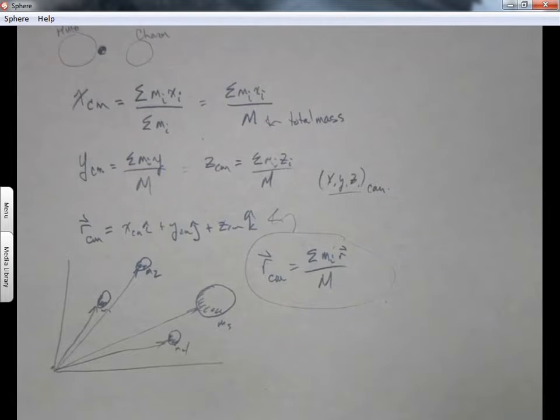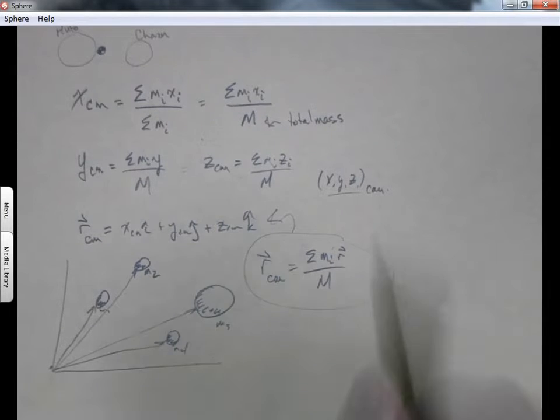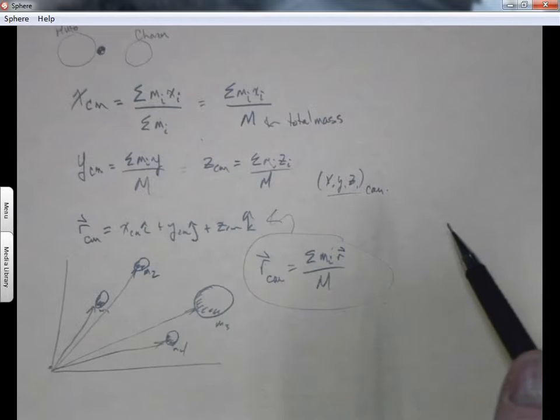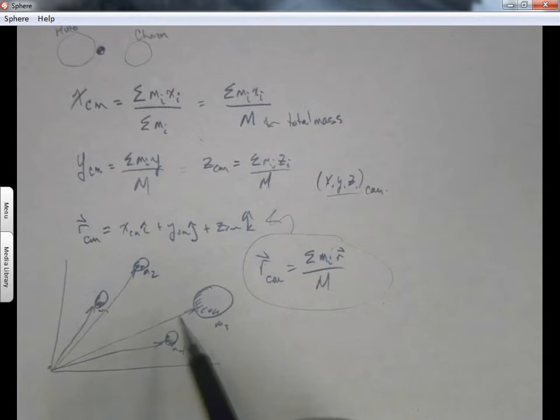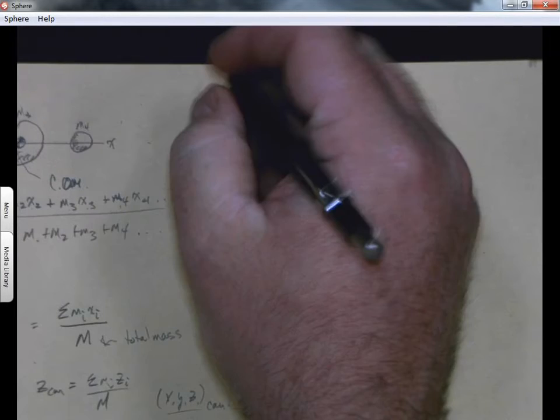Okay, so we can use these equations if we have discrete particles, or something we can represent as a sum, if we have a whole bunch of different pieces. So I'm going to give you an example of an extended body.